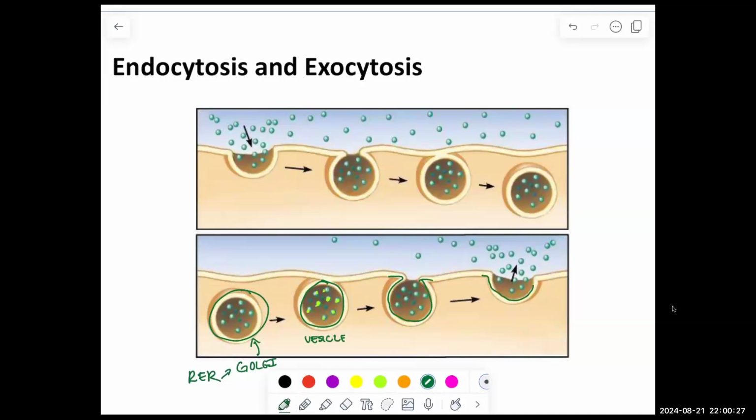And when it does that, all of the products they have are released. If it releases stuff, this is exocytosis. Exo means it exits the cell. This is the one that the cell uses to release items out of it. Exocytosis, exiting the cell.